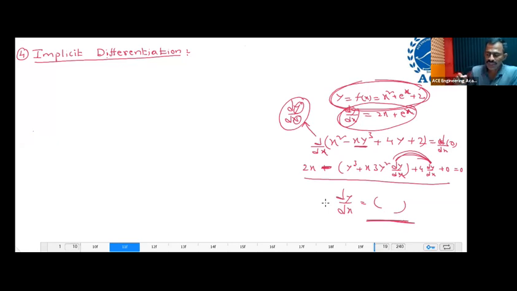So in such case, we can write the same derivative in easy way by using the partial derivatives. Such a differentiation is called implicit differentiation. We read that result here.